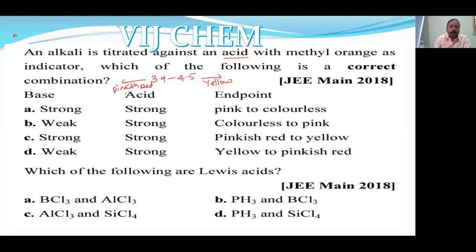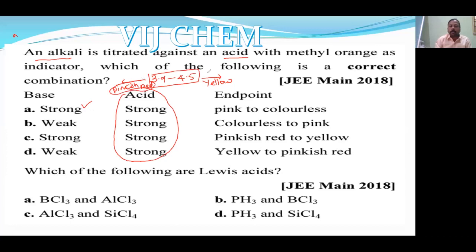In all cases, alkali is titrated against acid. That means alkali is there in the conical flask and we are adding the acid. If acid is strong, then the range of the methyl orange will be 3.9 to 4.5. If it is less than 3.9, then it will be pinkish red.